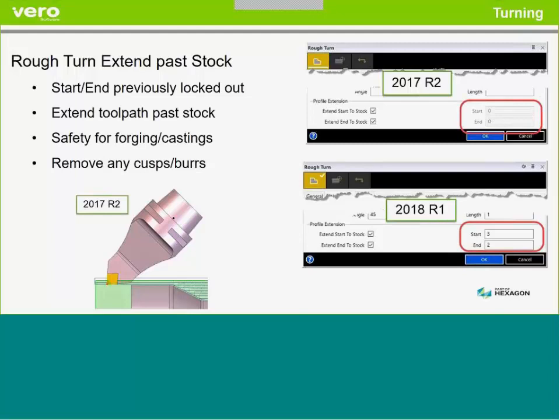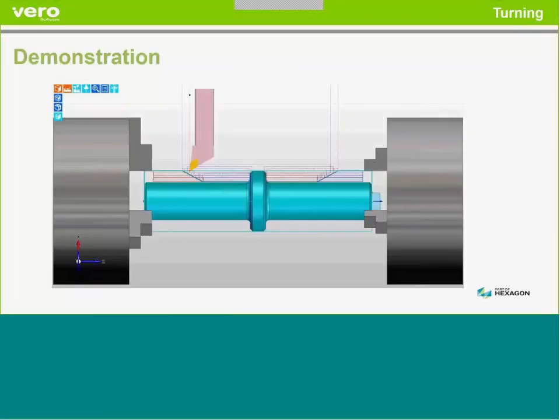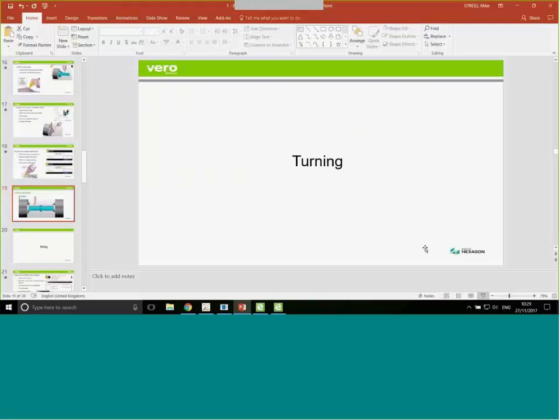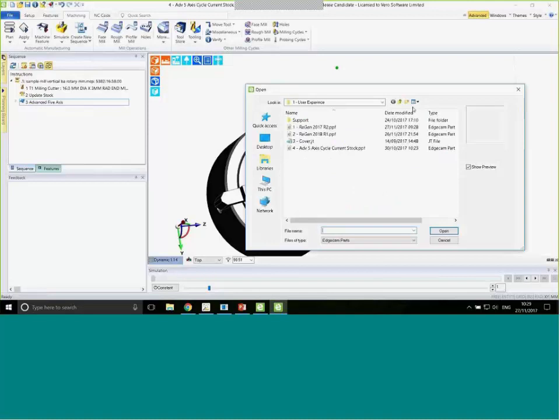So this would have been before, where we're just stopping bang on the edge of the stock, and this is now. We'll be able to push it beyond the stock. And obviously if the stock changes, then the value will change as well. Okay, let's have a look at that in glorious Technicolor. So we'll just push along to our turning.